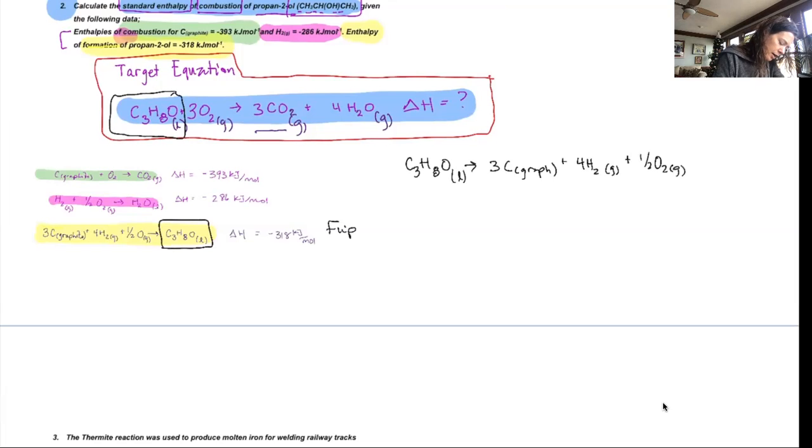All right. And the delta H there is positive 318. I needed to change the sign, because I flipped it.